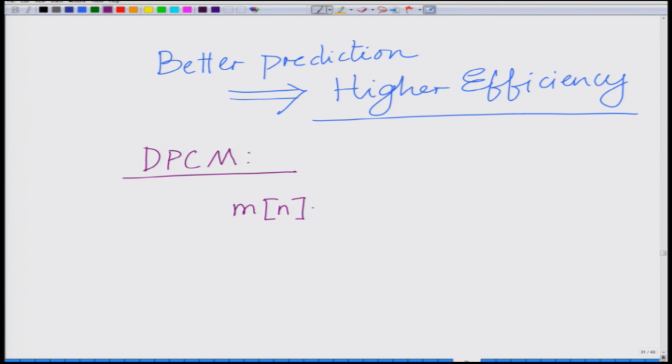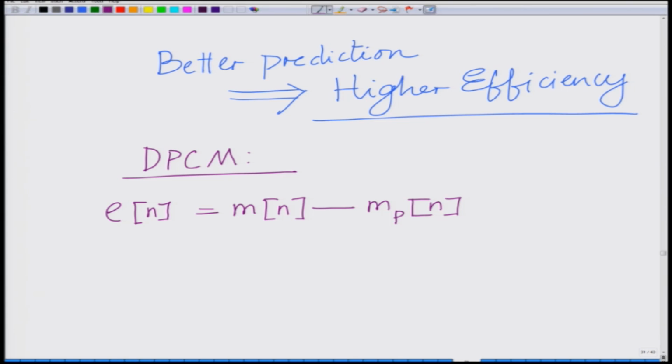From this signal sample, we subtract its prediction mp[n], that gives rise to e[n]. So at every time instant n we have a prediction mp[n] of the signal. From m[n] we subtract this prediction mp[n], we get e[n]. So, e[n] is the prediction error.